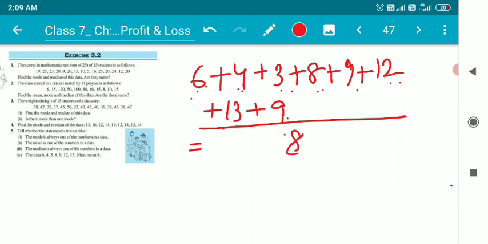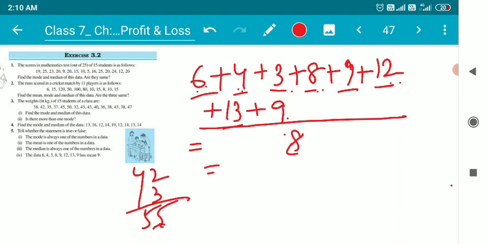6 plus 4, 10; 10 plus 3, 13; 13 plus 8, 21; 21 plus 9, 30; 30 plus 12, 42; 42 plus 13, 55; 55 plus 9, 64. 64 by 8.